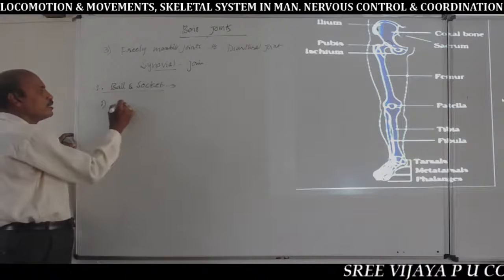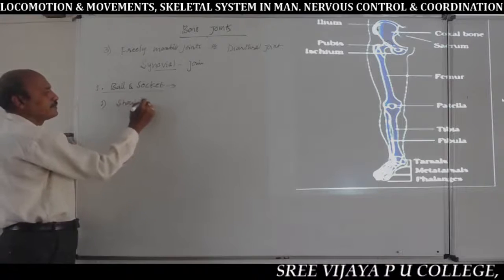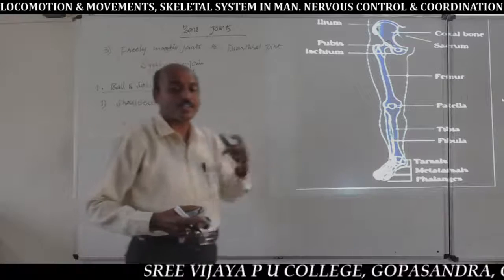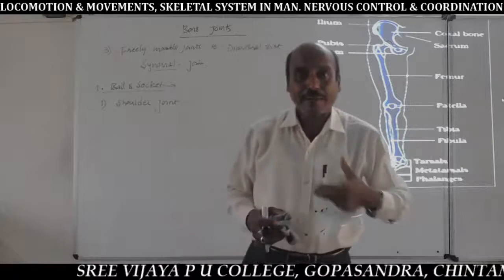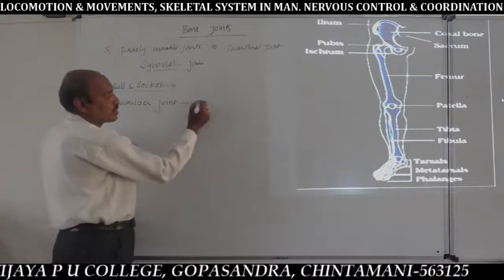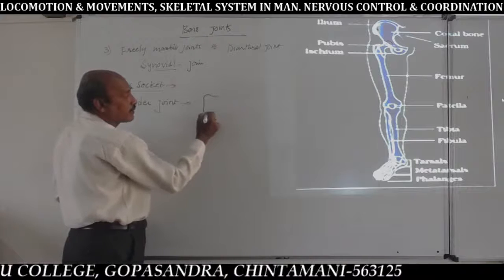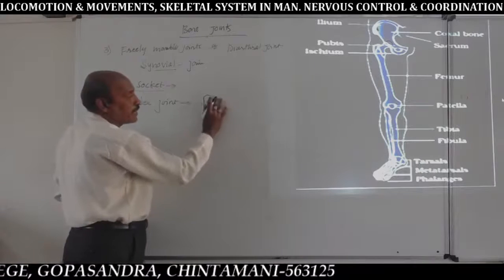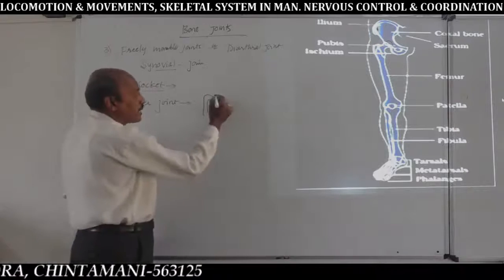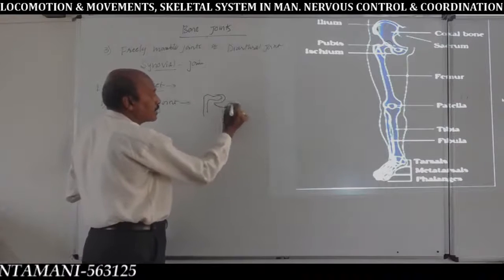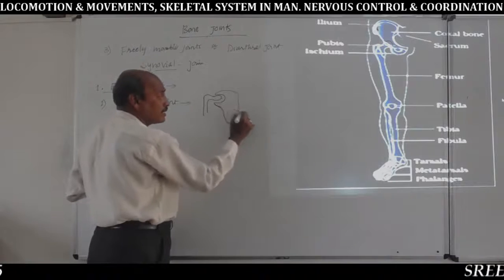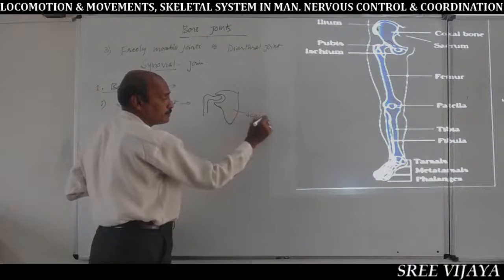Listen here. Shoulder joint, the pectoral girdle joint. Shoulder joint means the head of the humerus bone, the arm bone, is fixed in the glenoid cavity of the scapular bone.